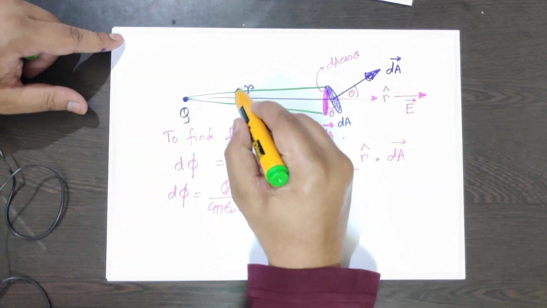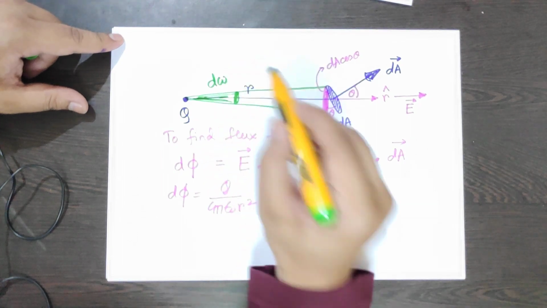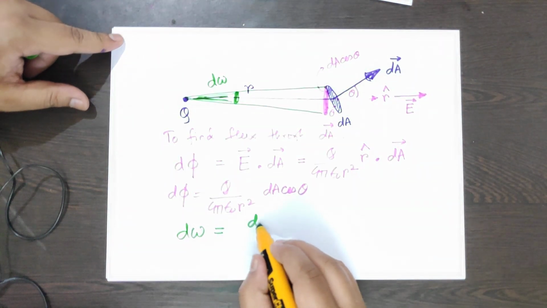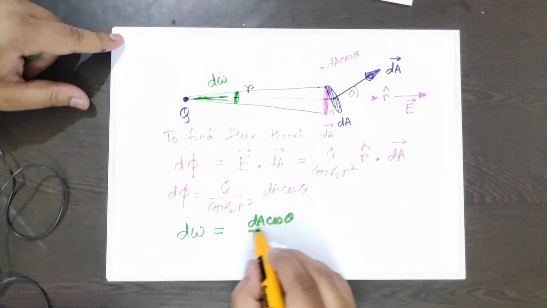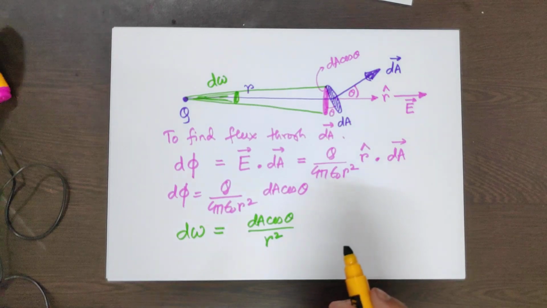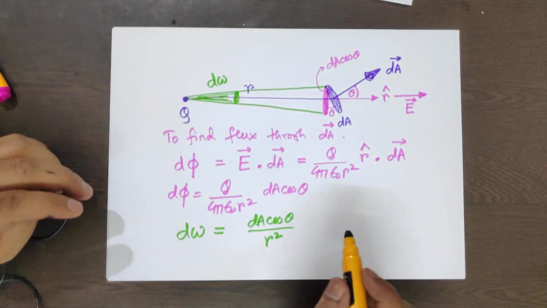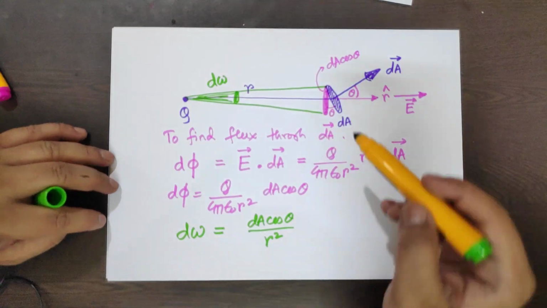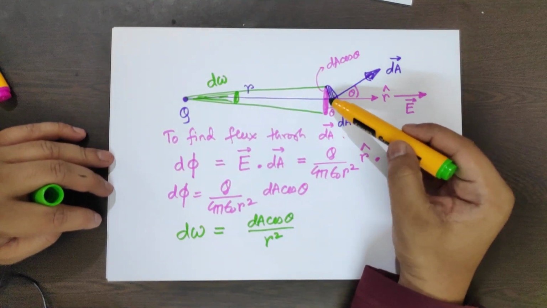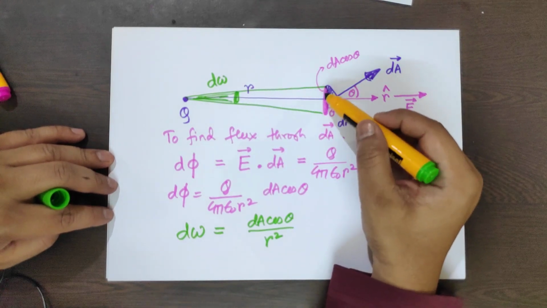This is omega, or say d omega, the small solid angle. So d omega is obviously equal to dA cos theta by r square, because it depends on the perpendicular component of the area. I think you got this, right?